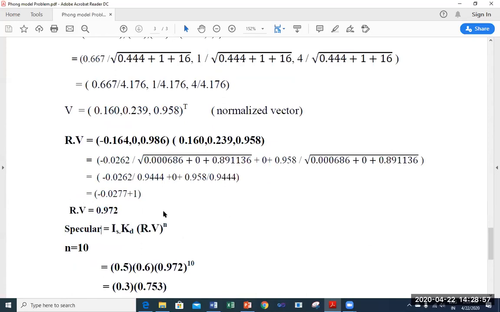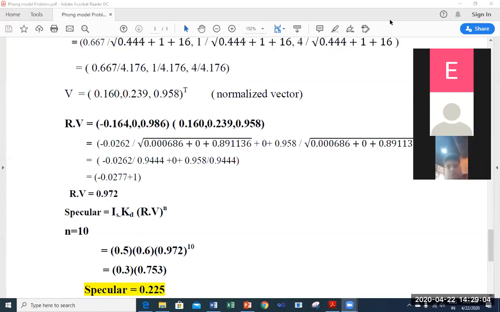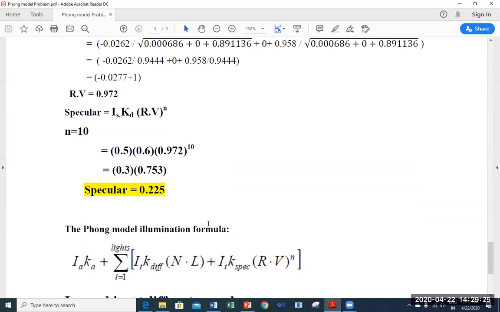So given that the cos alpha value is 0.972, the specular intensity is the light intensity times the coefficient factor for specular, times cos alpha power n, where cos alpha is R into V, and n equals 10. So you will get the specular intensity value as 0.225.